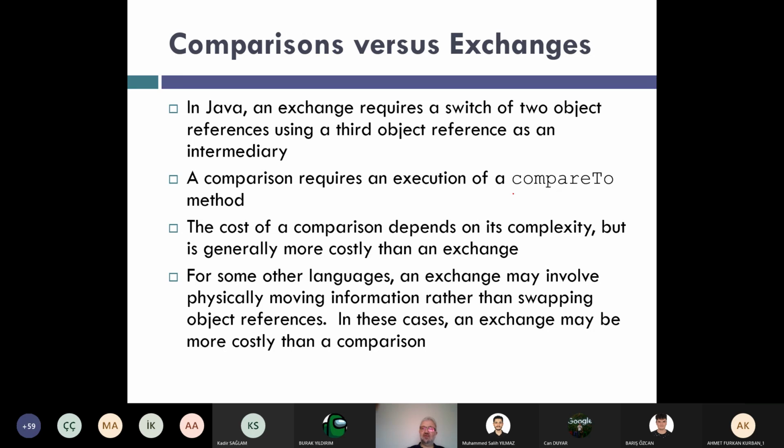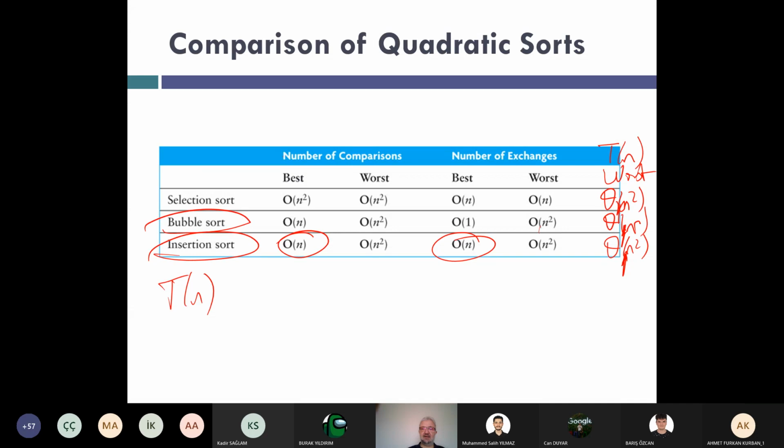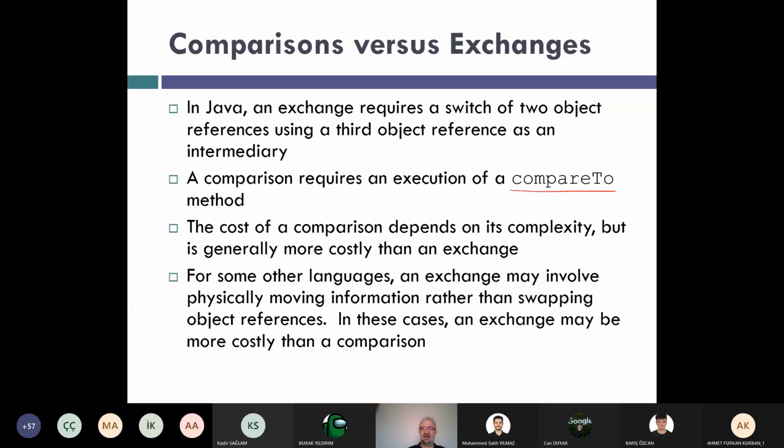Of course, we use a comparator method, as you see here. The comparator method is used to compare elements, and the running time of the algorithm depends on the complexity of the comparator as well.